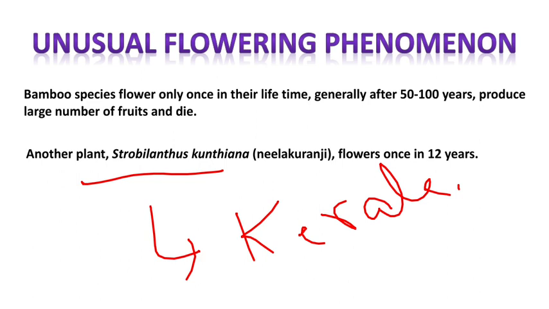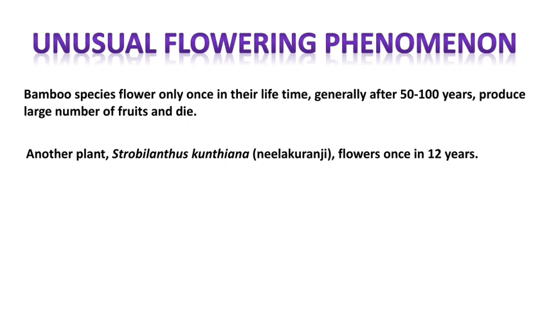The scene is very beautiful when they flower. This plant, Strobilanthes kunthiana, flowers once in 12 years. So after 12 years it will flower. These are some of the exceptions where you see unusual flowering phenomena, because it doesn't happen with every plant. It happens with some of the plants which I have discussed.